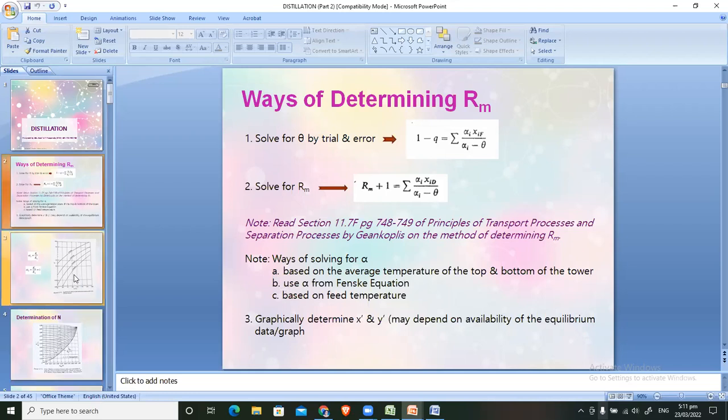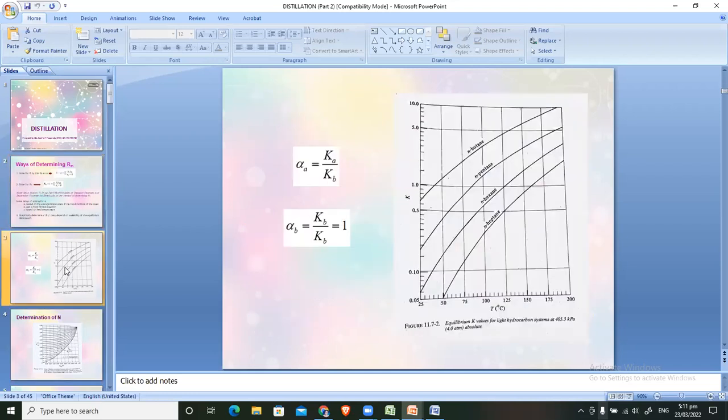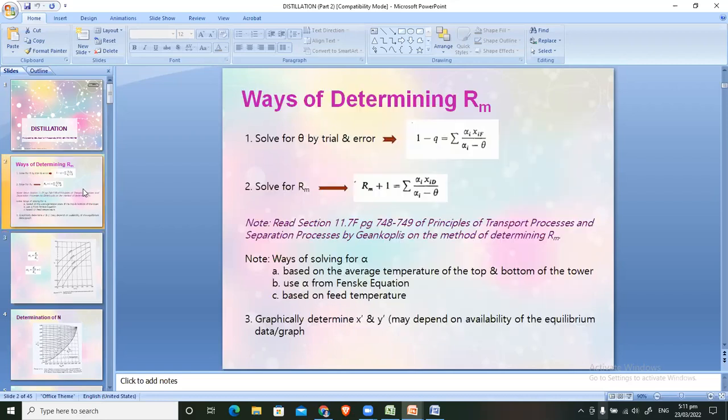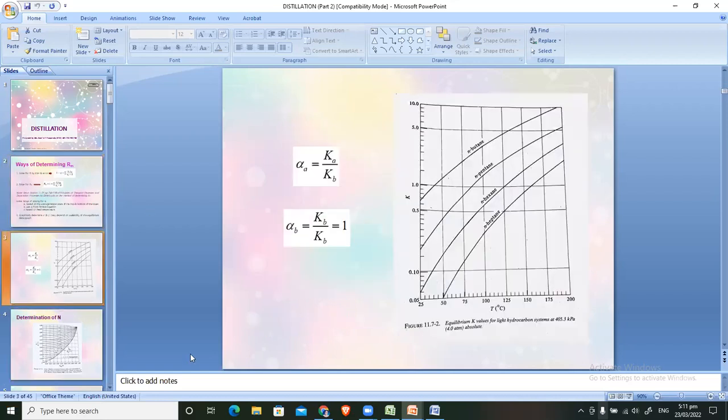Okay? Now, you'll be able to see this particular diagram in John Couples. I mentioned that you're going to read this section in here. And I mentioned that you're going still to use the mole fractions because you have here the K's, the KA and the KB. So the KA and the KB are actually based on this particular diagram in here. You need the temperature.